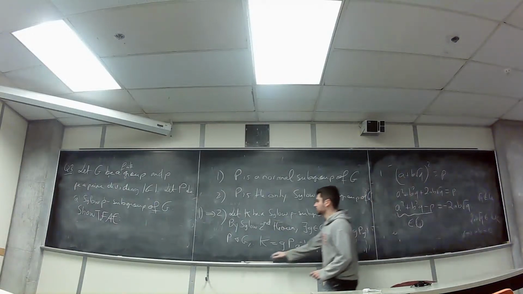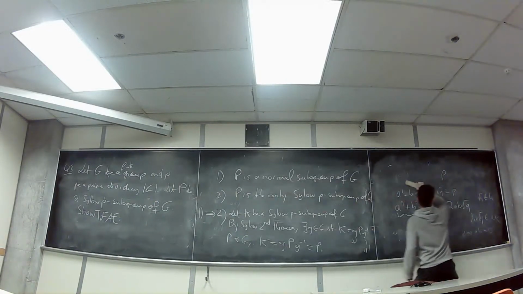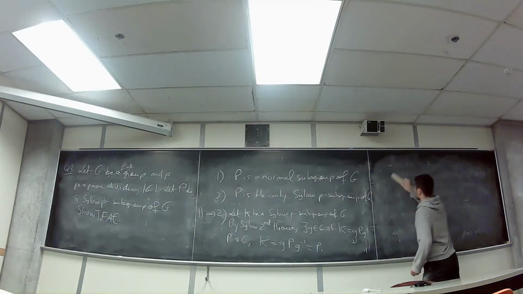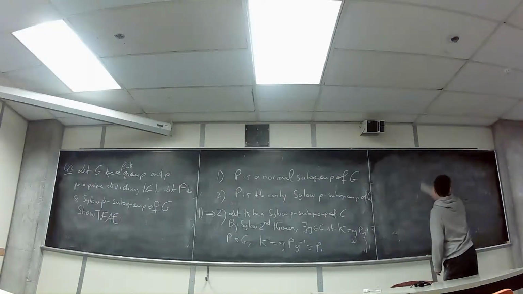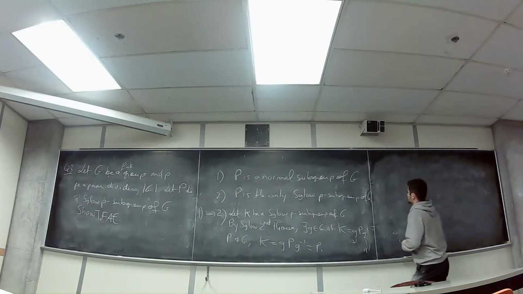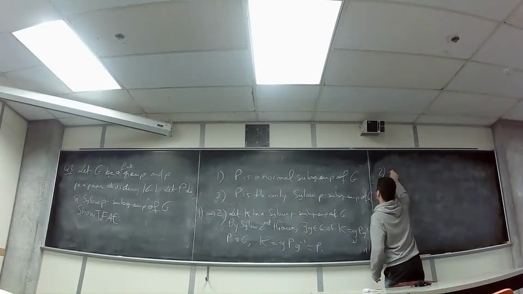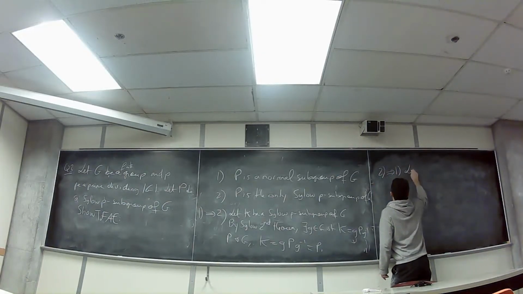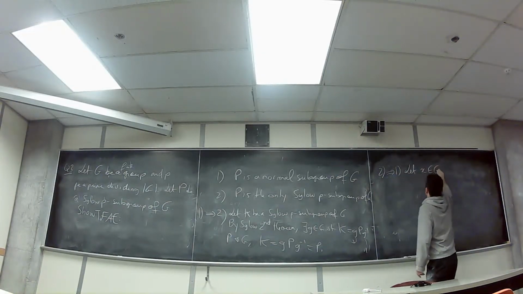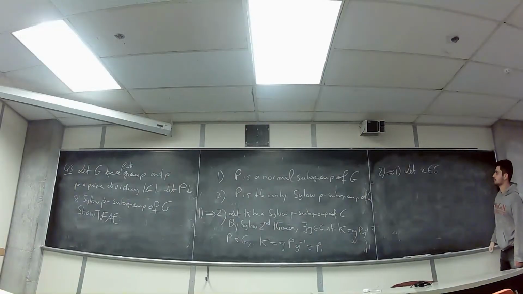Great. Let's prove 2 implies 1. Again, it should not be very long. Let x be in G. Suppose P is the only Sylow P subgroup.